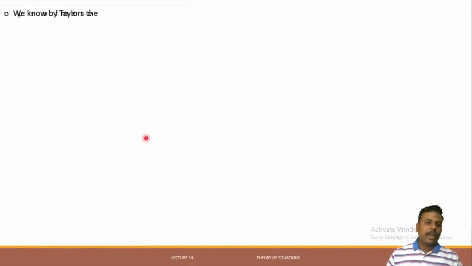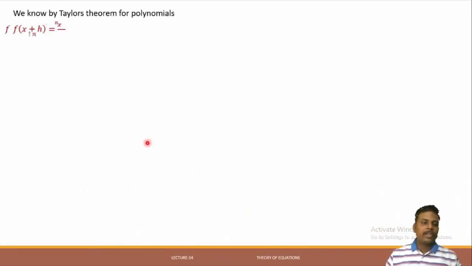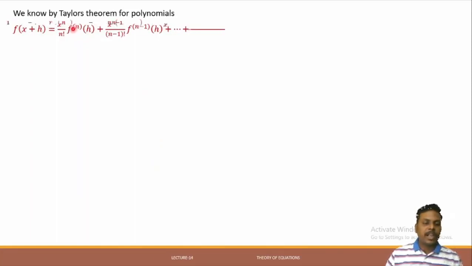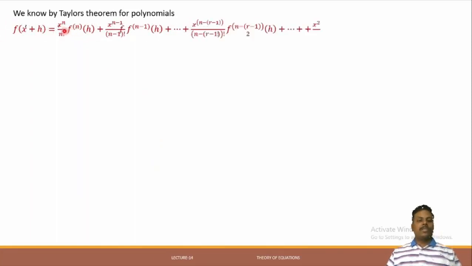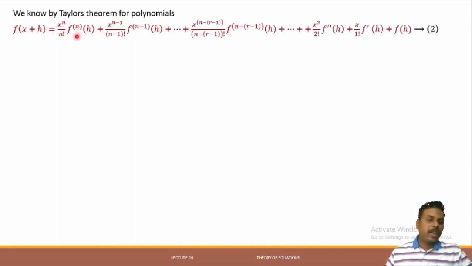Now we know by Taylor's theorem for polynomials, f of x plus h can be written as x power n by n factorial into the nth derivative of f evaluated at h, plus x to the power n minus 1 by n minus 1 factorial times the n minus 1th derivative of f evaluated at h, and so on.